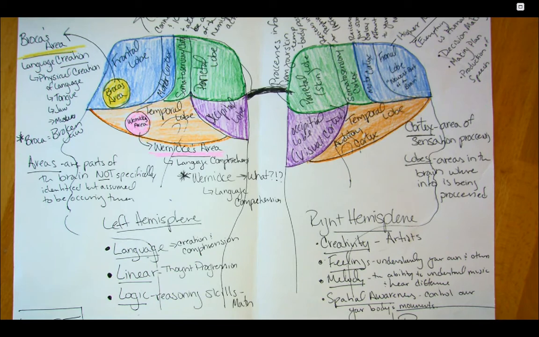So you need to know: what are the 4 lobes and what do they do? What are the 4 cortexes? What do they do and what lobe are they in? And you need to know what are the 2 areas and what lobe they're in. I guess there's 4 things you need to know. And what does the left hemisphere and the right hemisphere of your brain do?